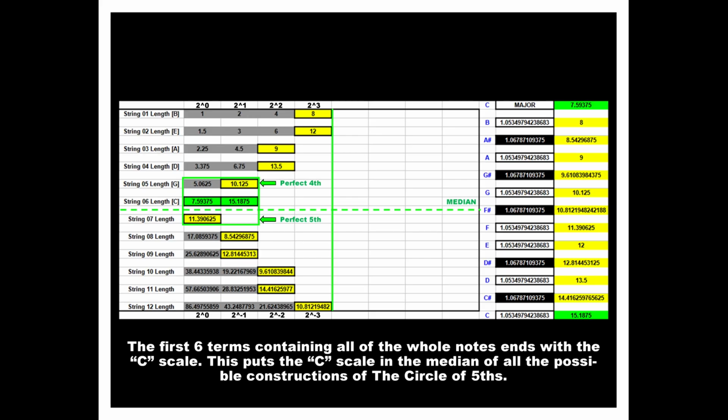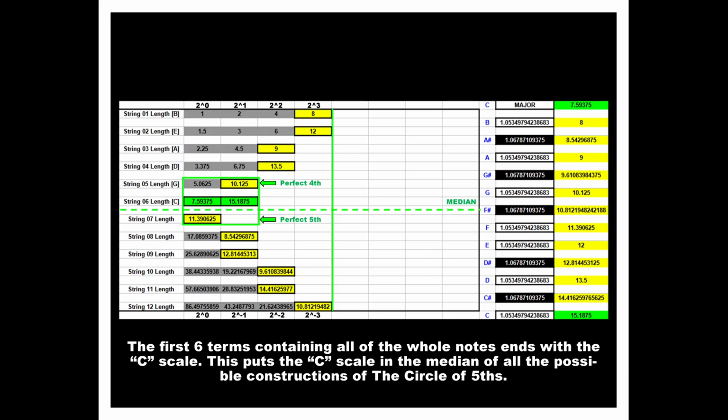Another thing interesting about this particular string of C is it requires the least amount of halving or doubling of all of the string lengths. You can see here we're only going to double something 3 times, or we're only going to halve something 3 times. And this is the only string length where you have that phenomenon happening. Everything else is going to have 4 or more of either side.